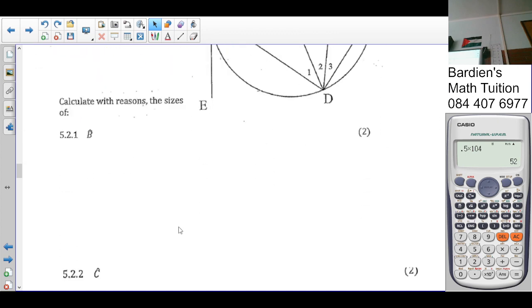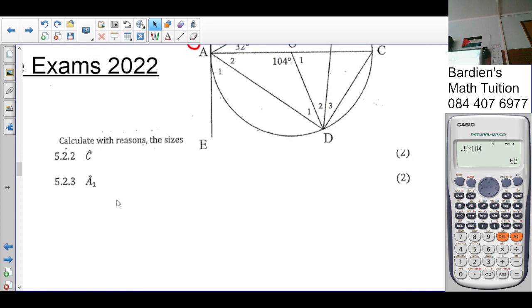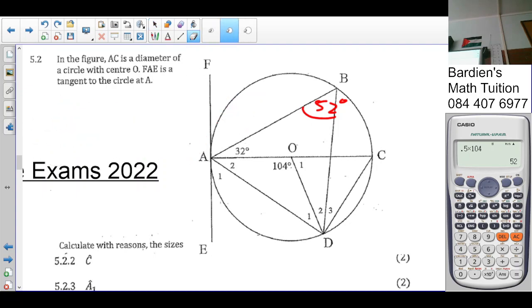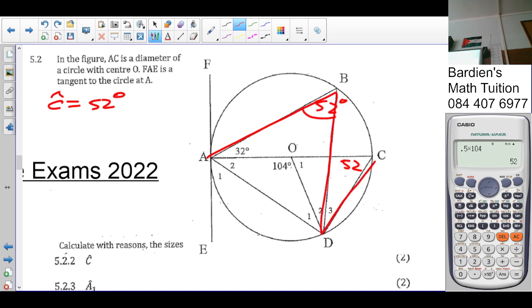In the next question, I want you to calculate angle C. Let's go with angle C first. Angle C is also 52 degrees. Why? You can also say angle at center is twice angle at circumference, or we can say angles in the same segment. As you can see, there's your bow tie.